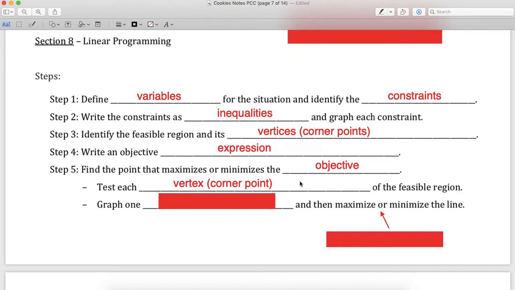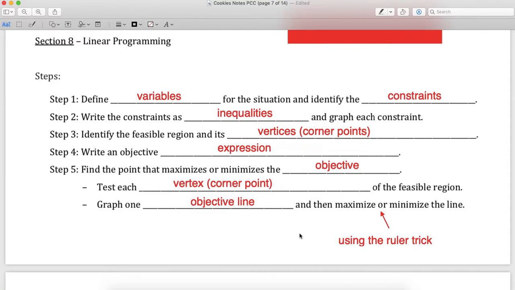The other option is to graph one of your objective lines and then use that line to either maximize or minimize. And this is where you might hear me talk about the ruler trick, lining up your ruler and sliding it either up or down.